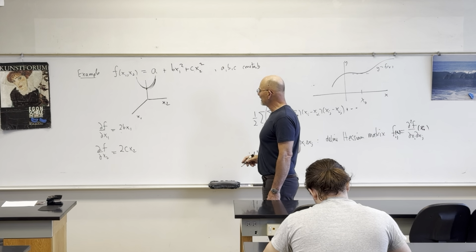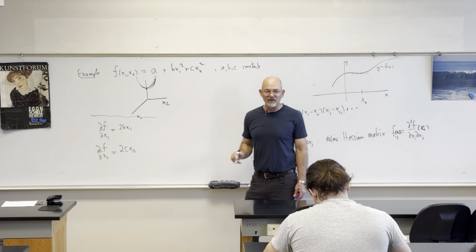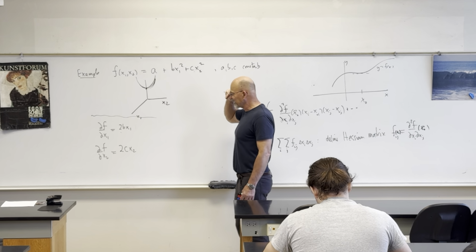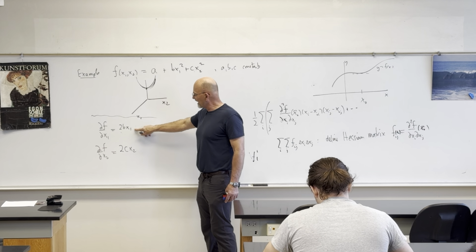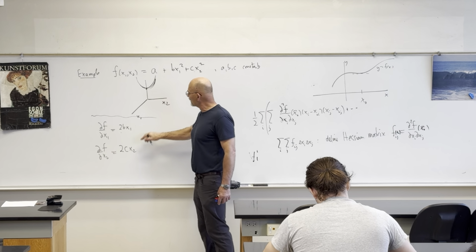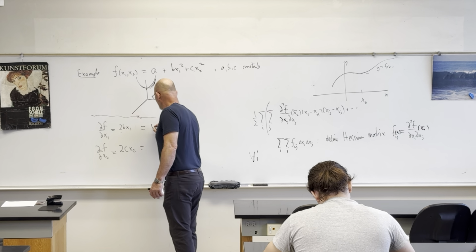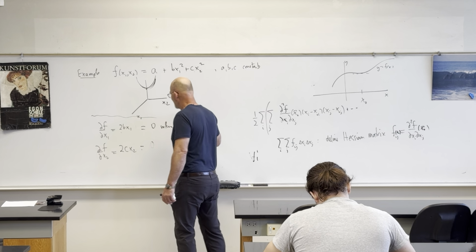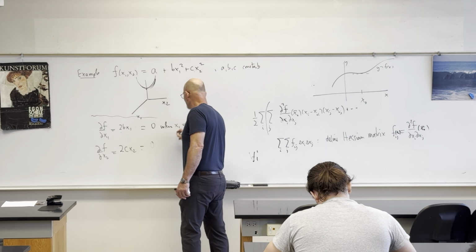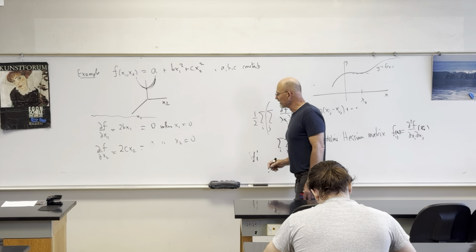If we're just doing this analytical work, where's the critical point? We need both of these to be equal to 0, so x1 equals 0 and x2 equals 0. We need both of them to be 0, and then we have a critical point.